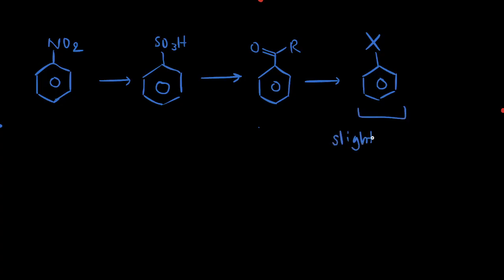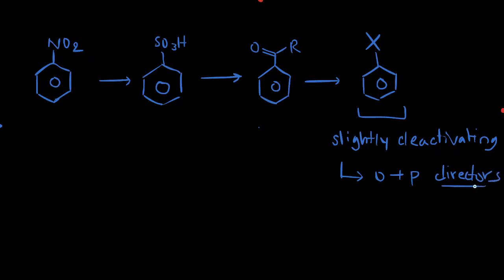And while they are slightly deactivating, these are actually not going to be meta directors. Again, the actual chemistry as to why something is an ortho, meta, or para director is going to come in a future video. But know that even though these are slightly deactivating, these are actually going to be ortho and para directors. They are not meta directors. These are ortho and para directors. So this is our halogens.